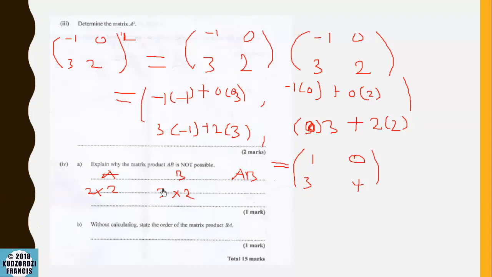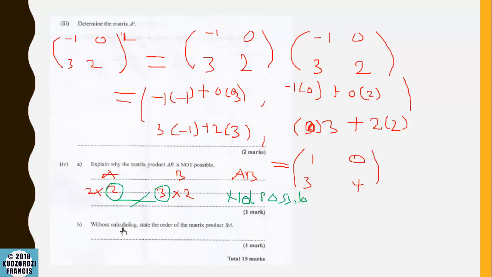That is, the rows of the second matrix should be equal to the columns of the first matrix. But because this is not the same, it is not possible. The number of rows of the second matrix is not the same as the number of columns of the first matrix. That's why it's not possible.